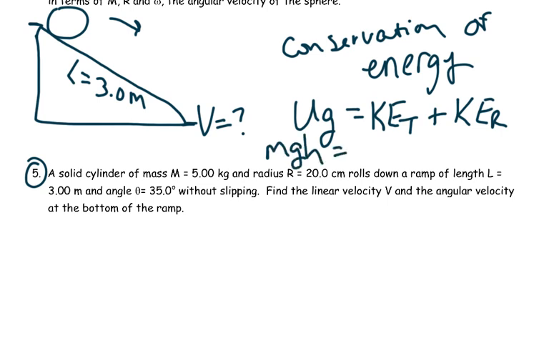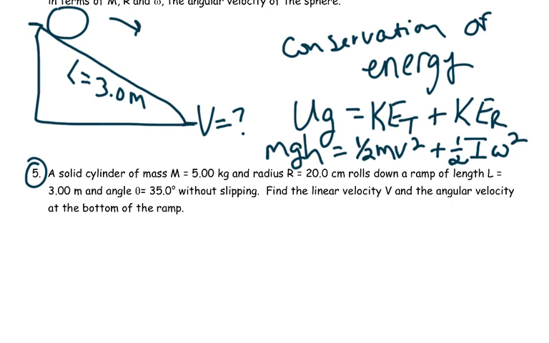And translational kinetic energy? 1/2 mv squared. And rotational kinetic energy? 1/2 I omega squared, where I is the rotational inertia or moment of inertia, yep, and omega is the angular velocity. Okay, so there's our expression.